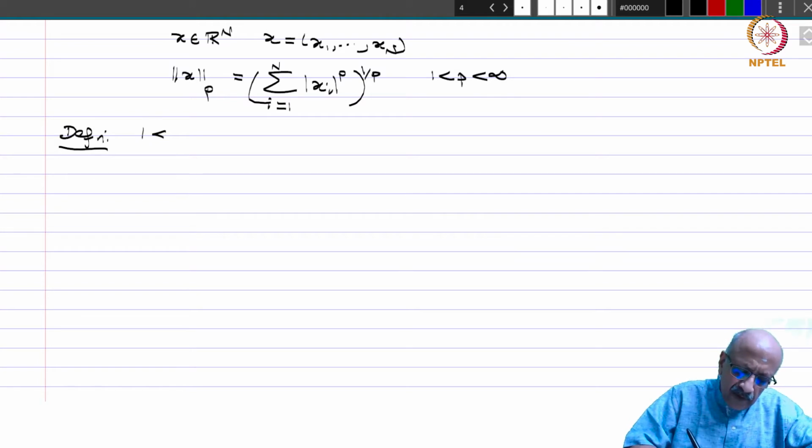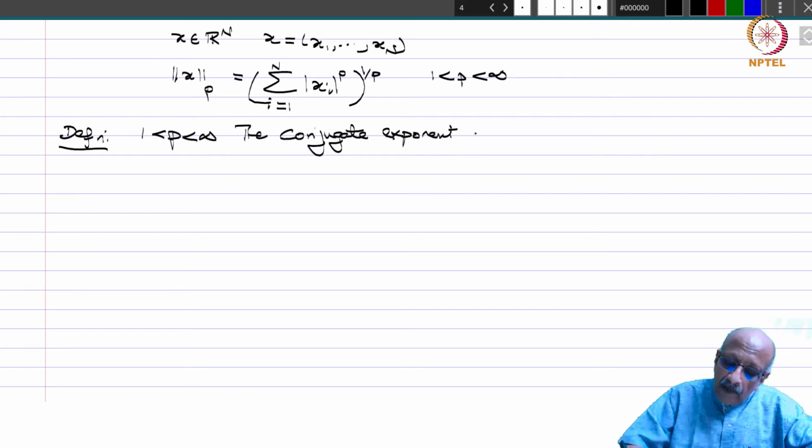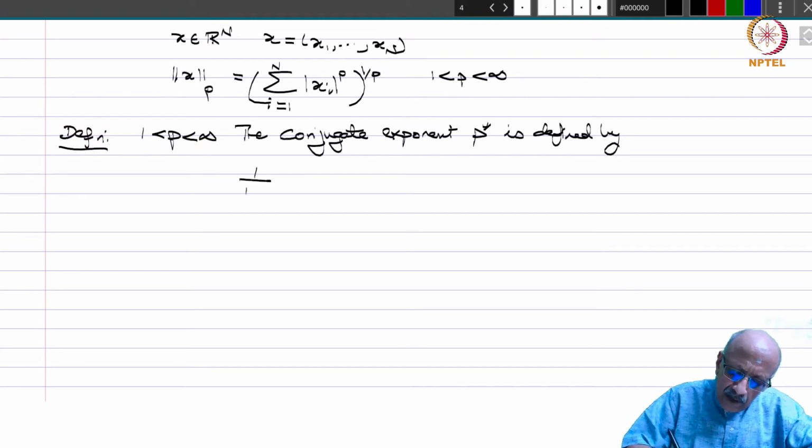If 1 < p < ∞, the conjugate exponent p star is defined by 1/p + 1/p* = 1.